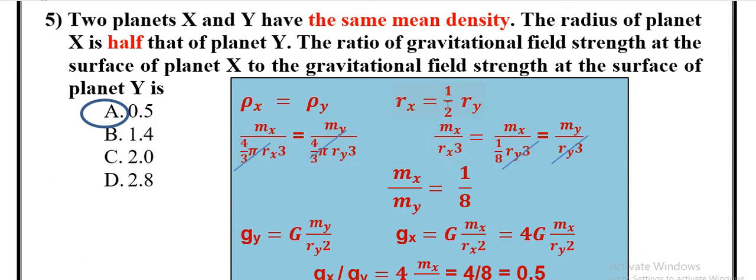The radius of X is half that of Y, so we substitute Rx by 1 over 2 of Ry. Rx cubed becomes 1 over 8 Ry cubed. Ry cubed will be cancelled with Ry cubed, then the ratio Mx over My equals 1 over 8.